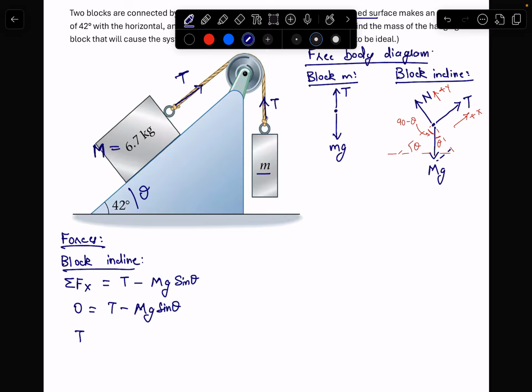So T is equal to mg sine theta. Can we find the value of this?